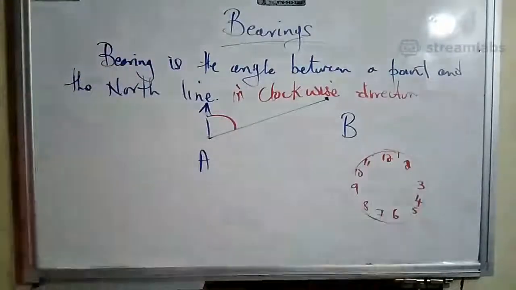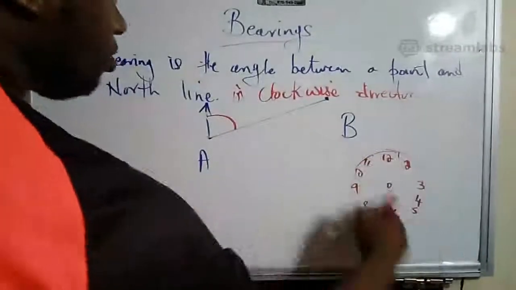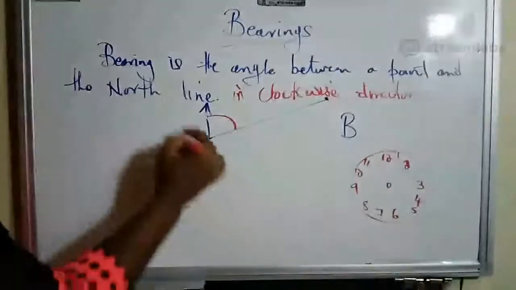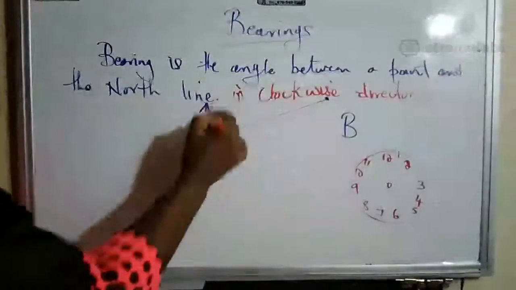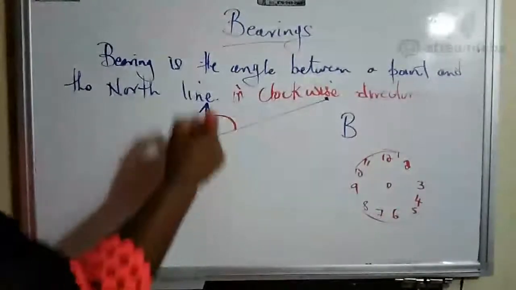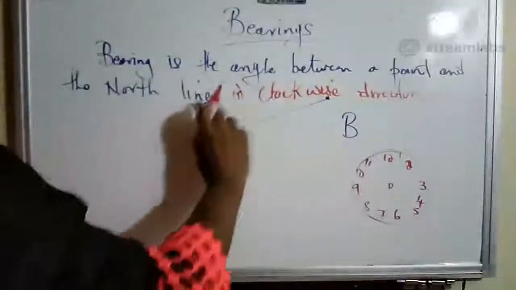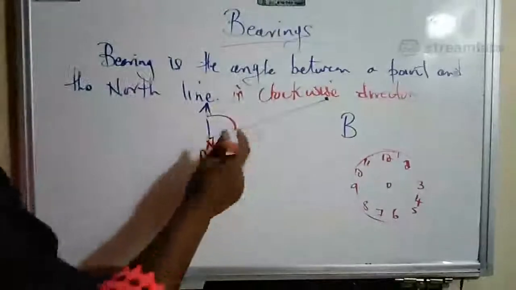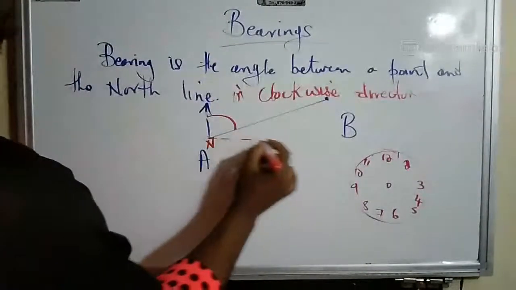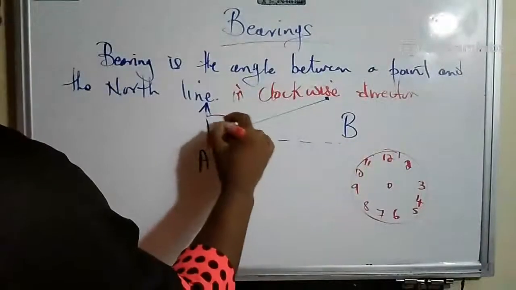Yeah, so the clock goes like this. So it's a clockwise direction. And this will be our north line. So it's the angle between the north line and the point in a clockwise direction. So this, we can estimate to be about 30 degrees.